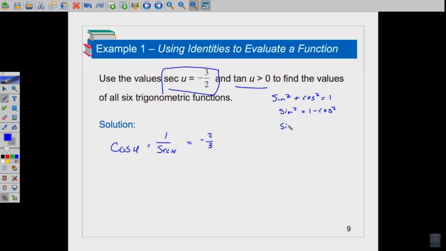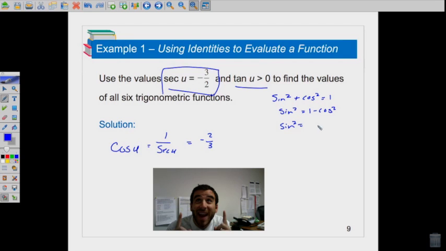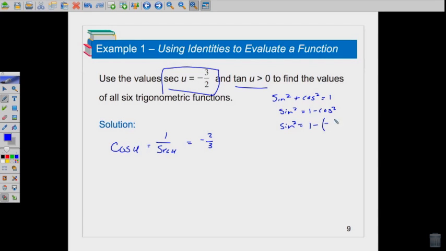So sine squared is 1 minus the cosine squared, which is negative 2 over 3 squared, so 1 minus 4 over 9, which equals 5 over 9. That means the sine of u equals the square root of 5 over 3.